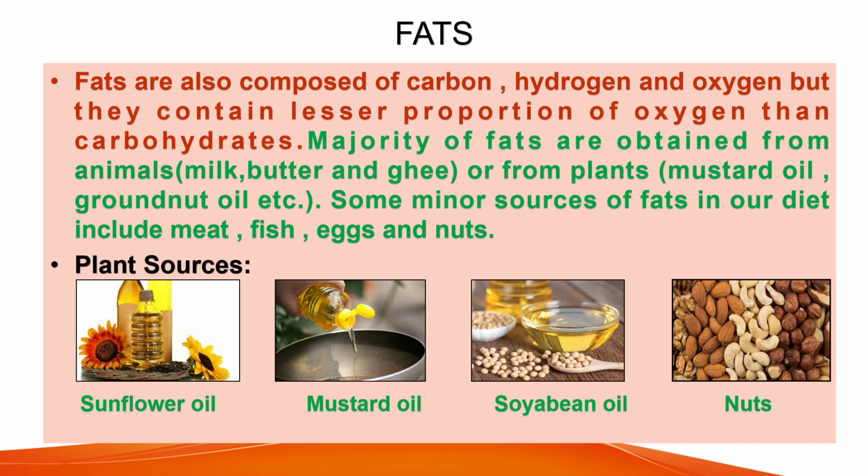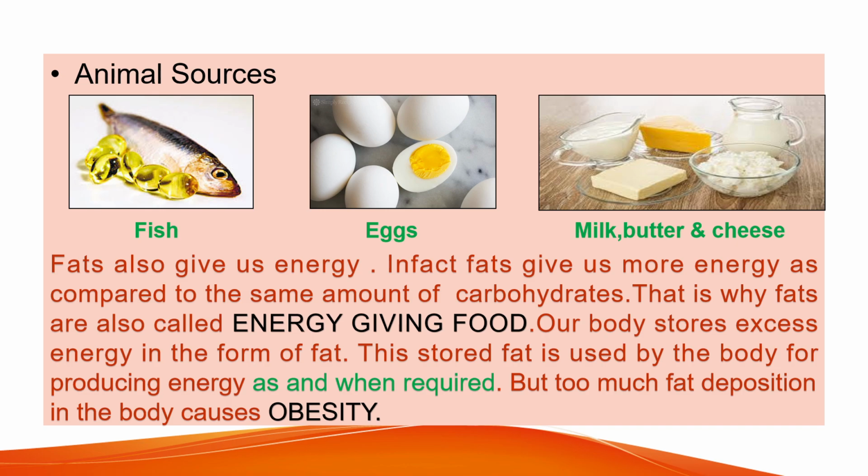That means the animal and plant products like milk, butter, ghee, mustard oil, groundnut oil contain more fats, but some food items like meat, fish, eggs and nuts comparatively contain less fats. You can see in the pics also the plant sources: sunflower oil, mustard oil, soybean oil, nuts. And if we talk about animal sources, they are fish, eggs, milk, butter and cheese.